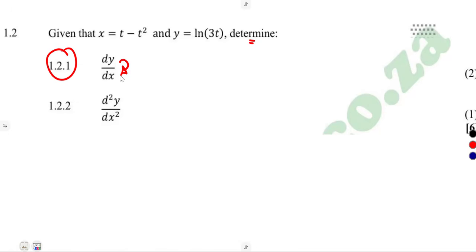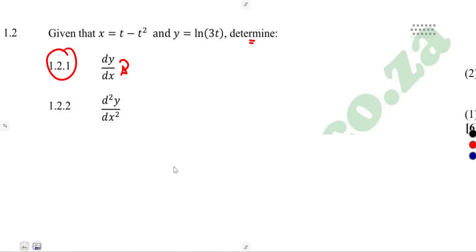But we have x as a function of t. How is that possible? Through our parametric equation, we can differentiate this.